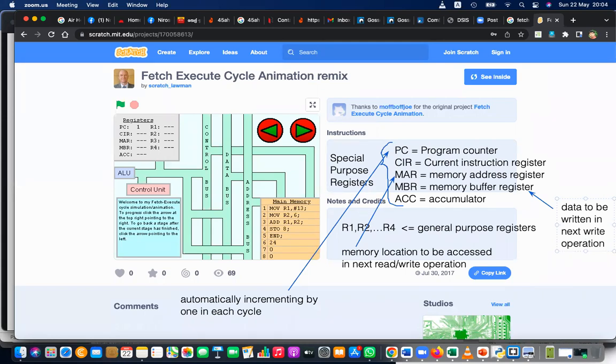So now prepared, just now it's prepared. The data to be written in the next write operation, or data which is just read.